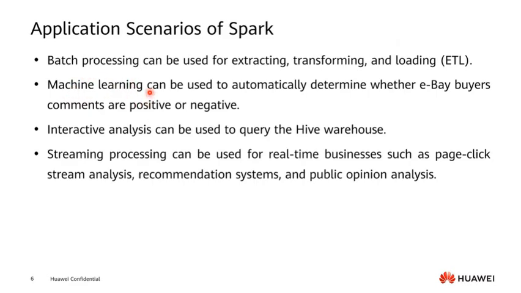The machine learning module can also solve classification problems. For example, it can automatically determine whether the comments of Taobao customers are positive or negative. Actually, it's a typical binary classification problem. The logistic regression model and the Bayesian algorithm in Spark can solve these kinds of problems.